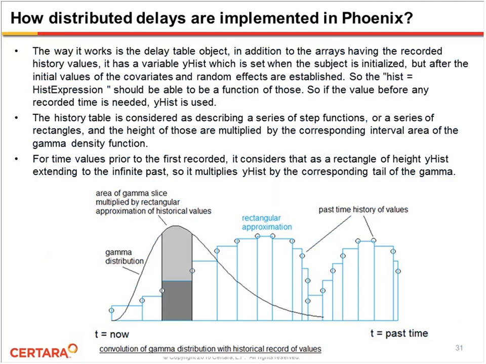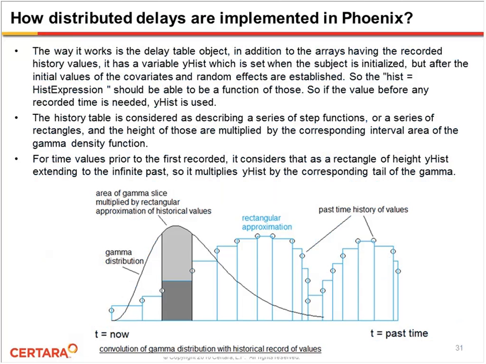When we have a distributed delay, we assume that the delay is not a single number. It's instead a distribution, and we're using a gamma distribution. So again, now is on the left, and past time is on the right. And what we want to do is, rather than pick a single number off of this curve, convolve it with a gamma distribution.